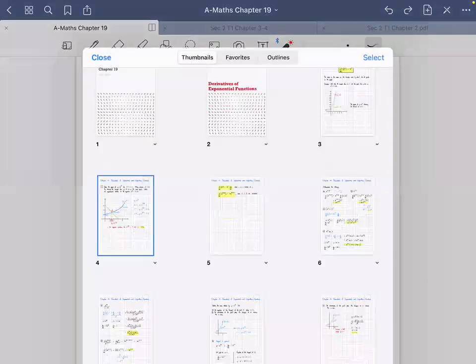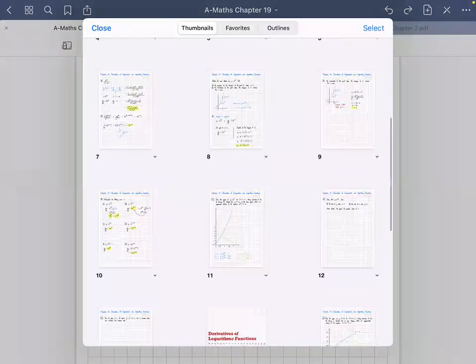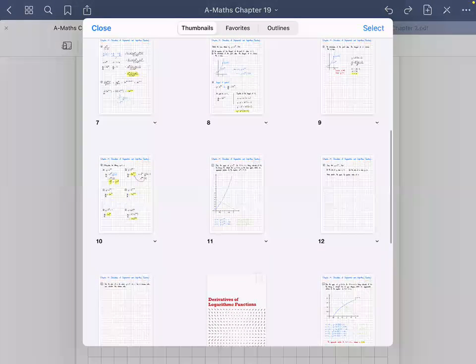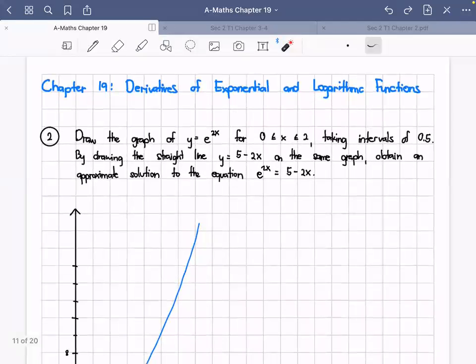Now let's have one more graphing question. So draw the graph of y is equal to e raised to 2x for x values starting from 0 to 2, taking intervals of 0.5.